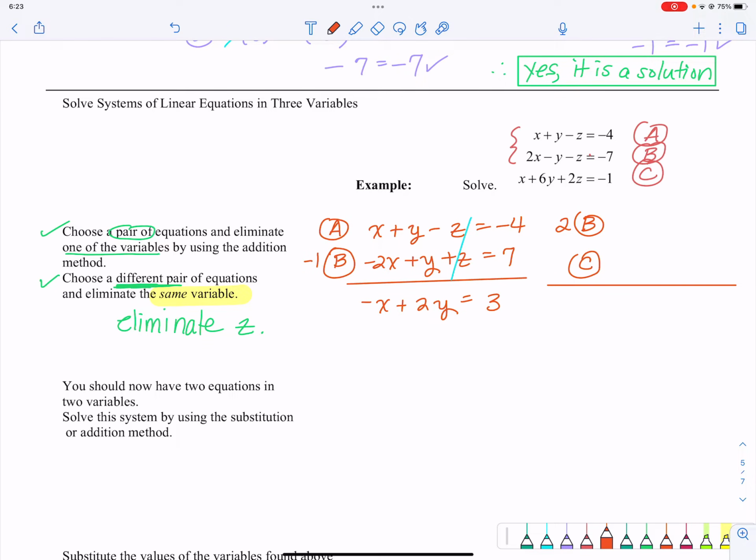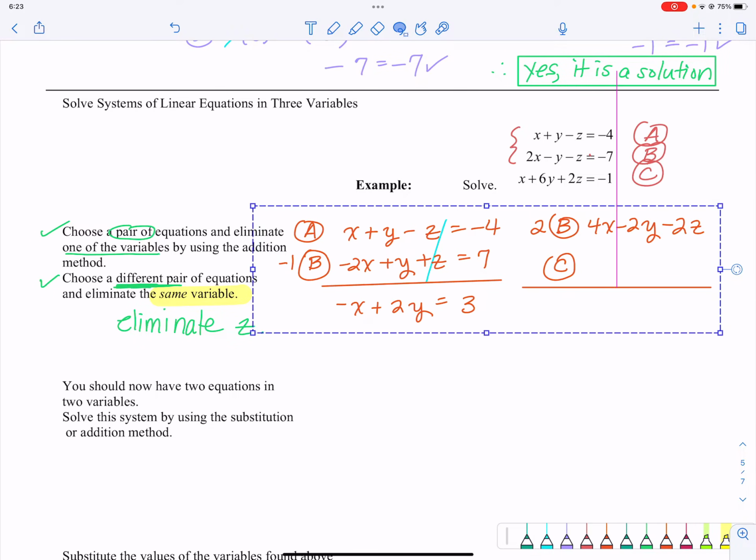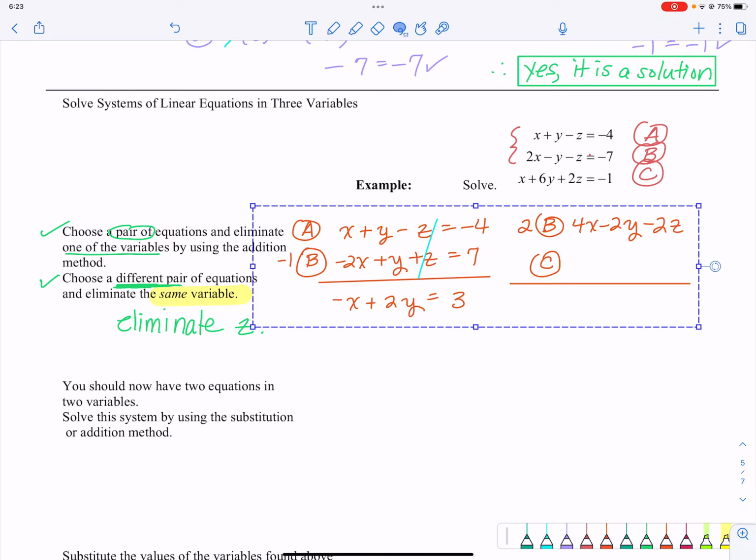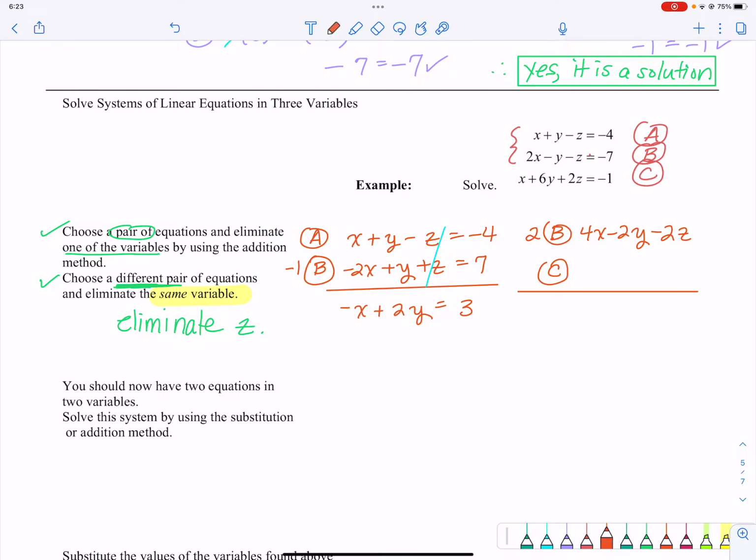Multiplying equation B by 2, we have 4x minus 2y minus 2z equals negative 14, and we'll just keep equation C: x plus 6y plus 2z equals negative 1.